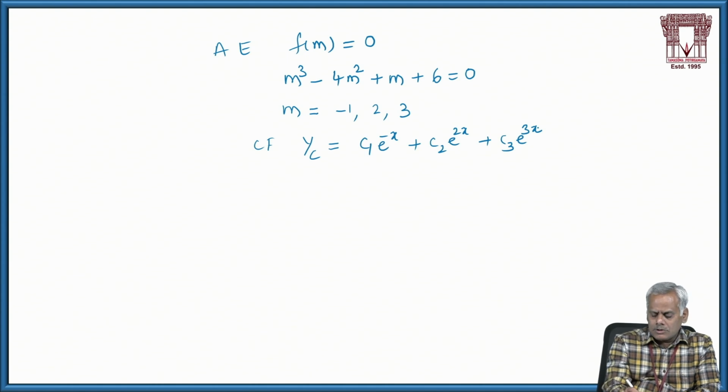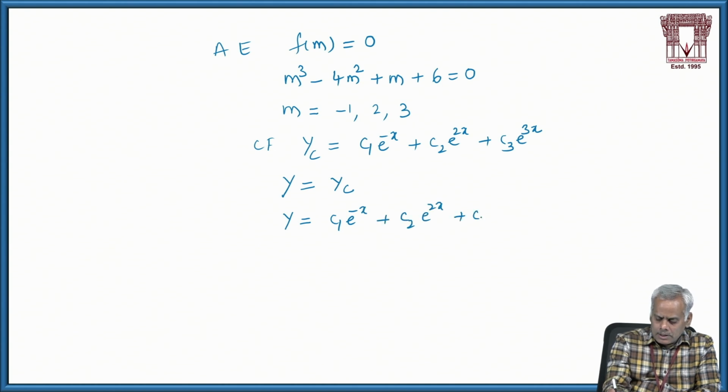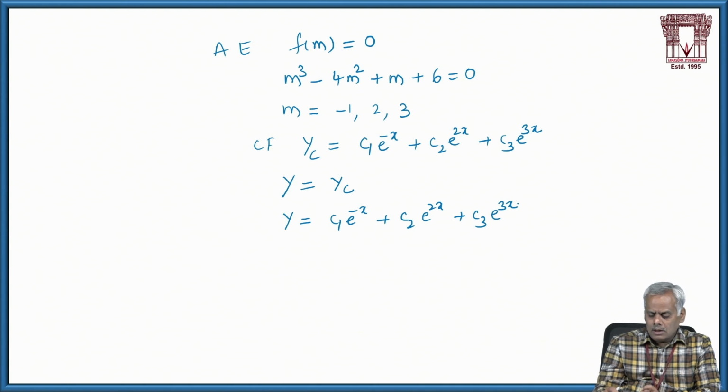And hence the general solution of the given differential equation is y is equal to yc, that is y is equal to c1 e power minus x plus c2 e power 2x plus c3 e power 3x. Now by the fundamental theorem, the linearly independent solutions are e power minus x, e power 2x, and e power 3x.